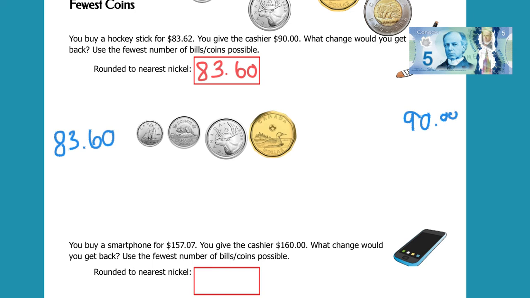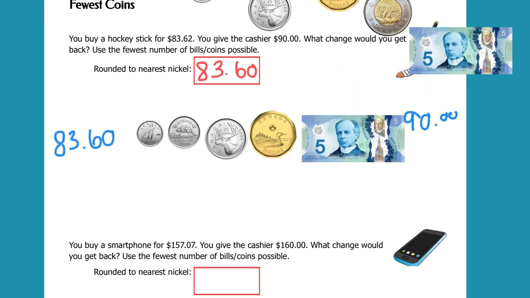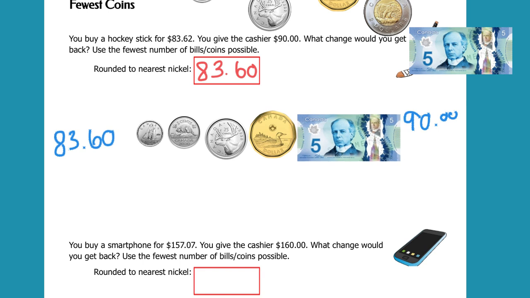So to get from $85 to 90, the most convenient thing to do would be use a $5 bill. You may have thought, oh, I'll use 2 toonies and a loonie, but remember for this question, we want to use the fewest number of things possible. So a $5 bill, that's just one thing, rather than using 2 toonies and a loonie, which is 3 different things. So we've now figured out the change.